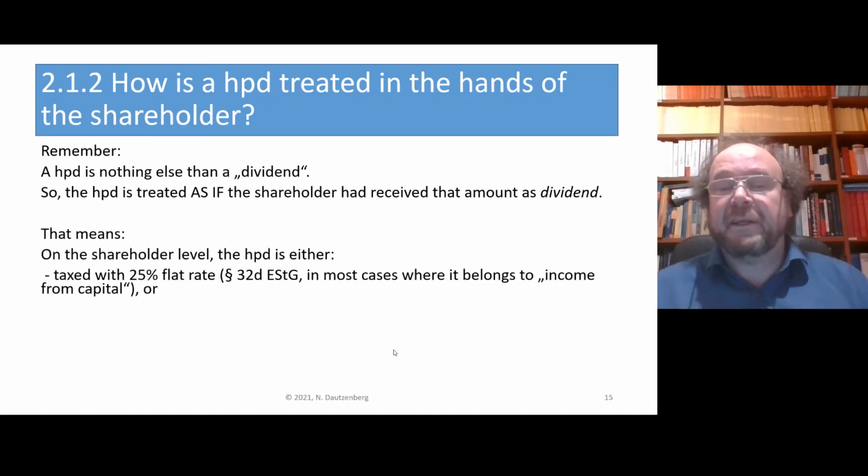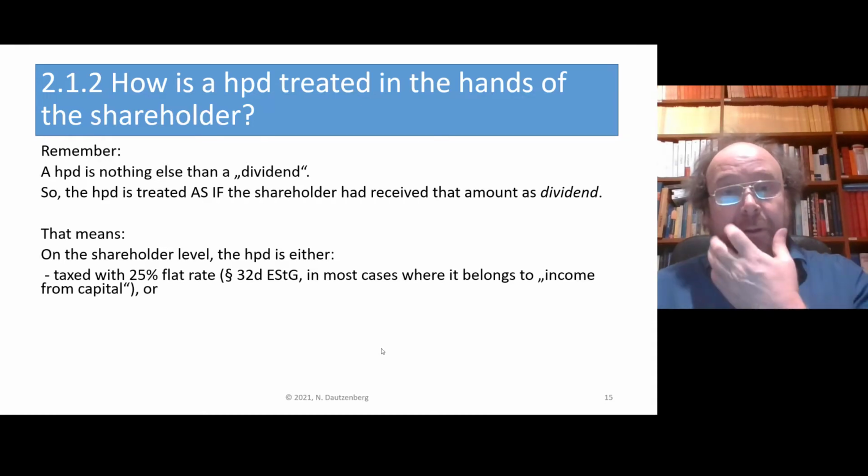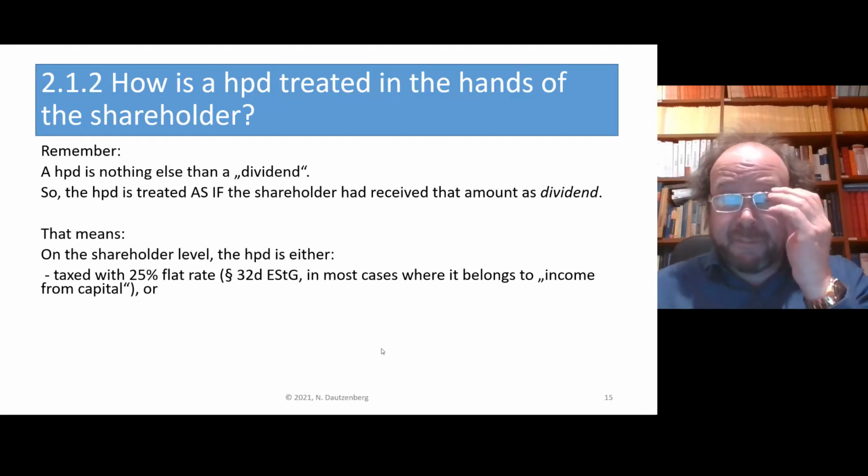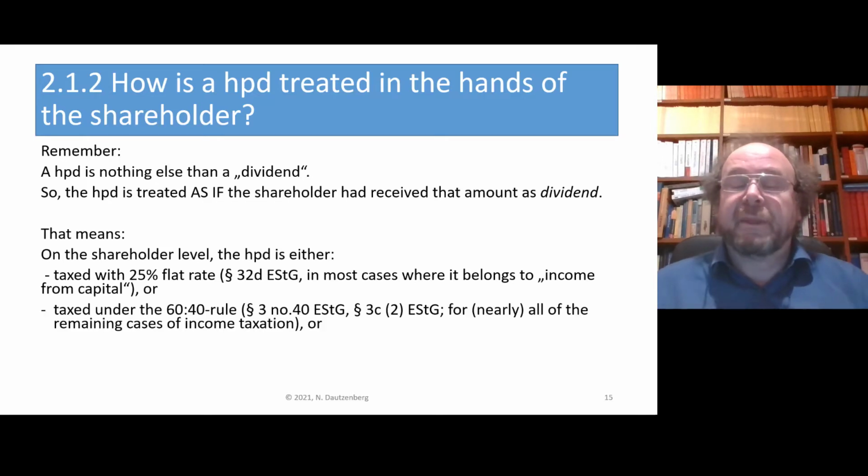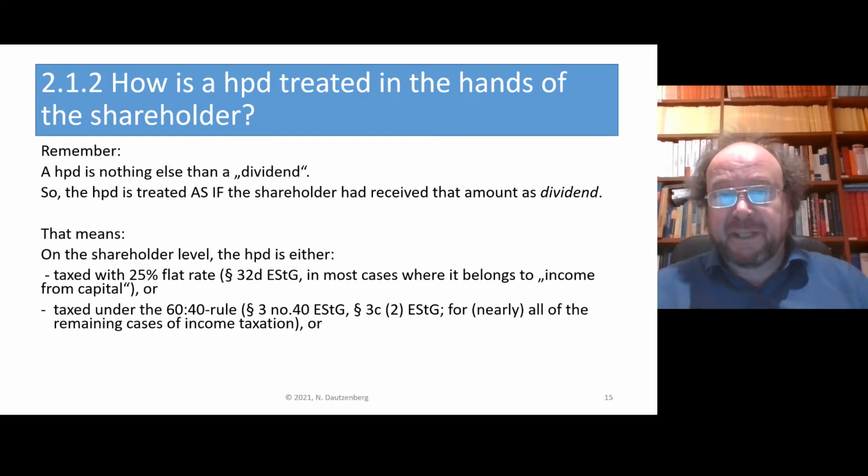That means the hidden profit distribution is either taxed with a 25% flat rate if you hold your participation, your shares, in private property, and you receive income from capital, or if you collect your dividend income under another type of income.